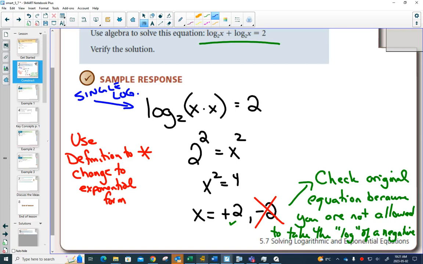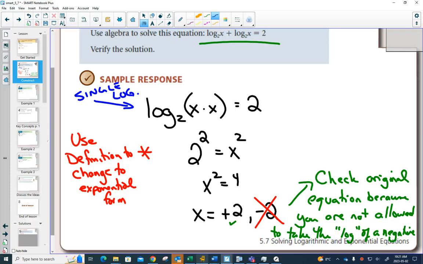Because if I can get a single logarithm, then I can change it to exponential form. Once I have it in exponential form, it's usually recognizable as an equation I've solved before. Oh, I've solved an x squared equation before. It isn't hard to solve, but then once you've solved it, you do have to check your original equation, because you're not allowed to take the logarithm of a negative number.